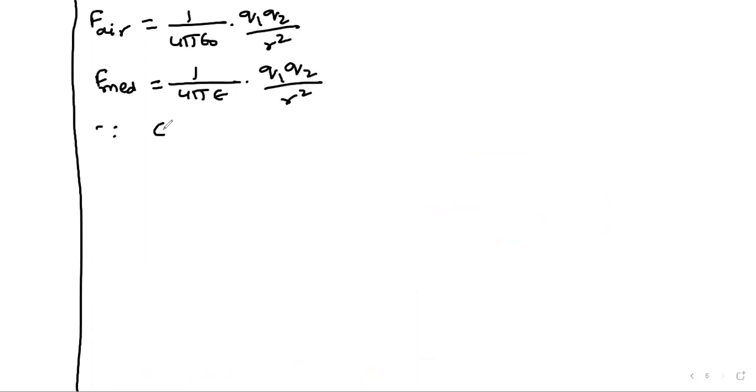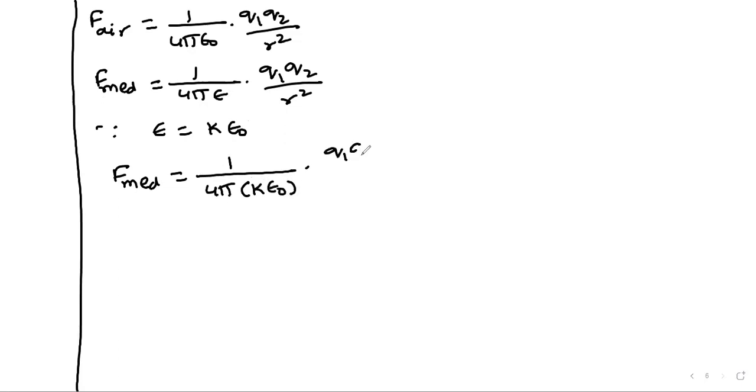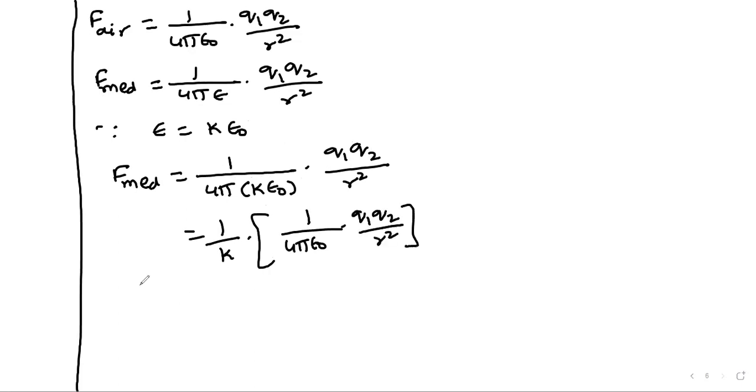Since epsilon equals k times epsilon naught, I substitute here: F medium equals 1 by 4 pi k epsilon naught times Q1 Q2 by R square, so 1 by k times 1 by 4 pi epsilon naught Q1 Q2 by R square. Therefore F medium equals F air by K.